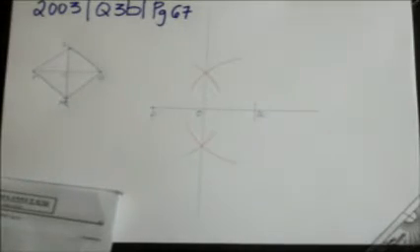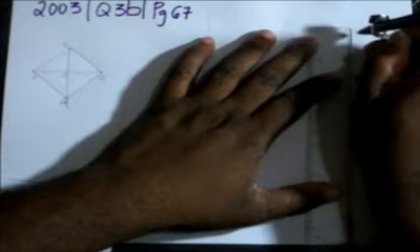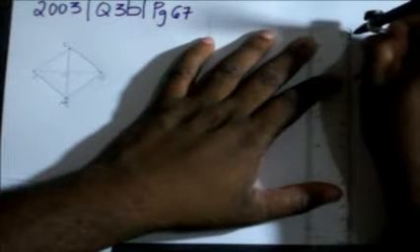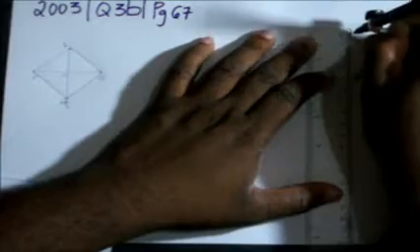We're also told that where the perpendicular bisector meets PQ, that is the point O. We're also told that OL and OM are both equal to 4 centimeters. So let's open our compass to 4 centimeters. We need to identify exactly where the point M is and exactly where the point L is.